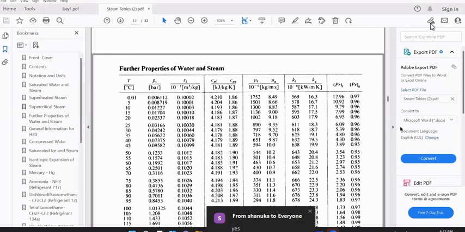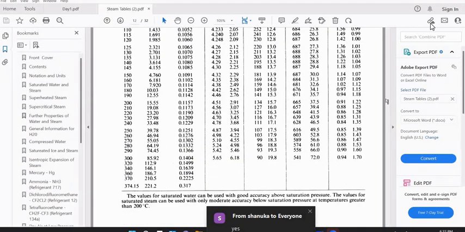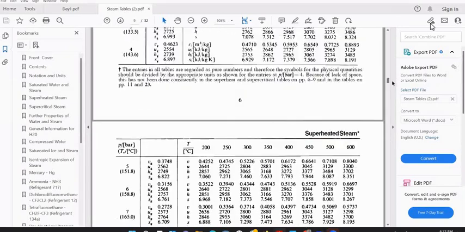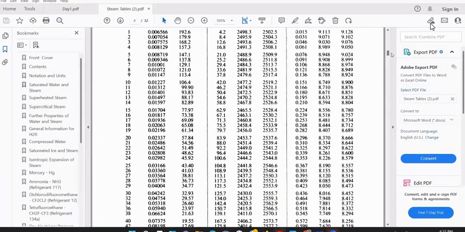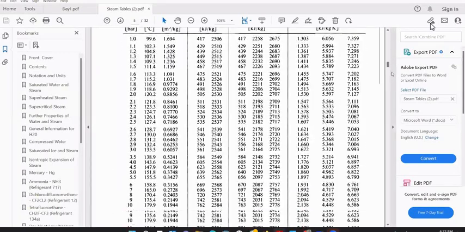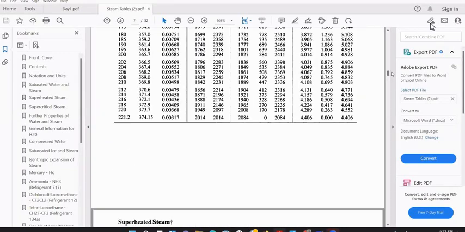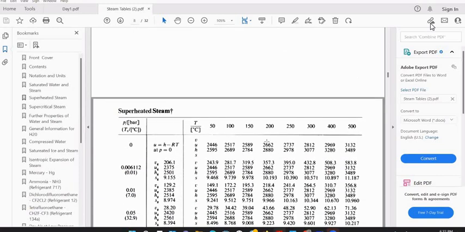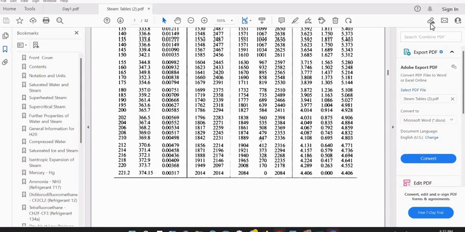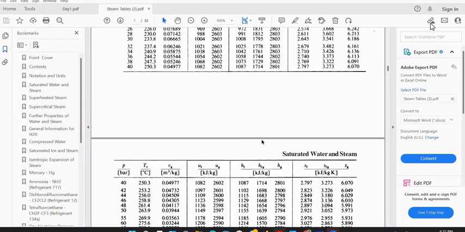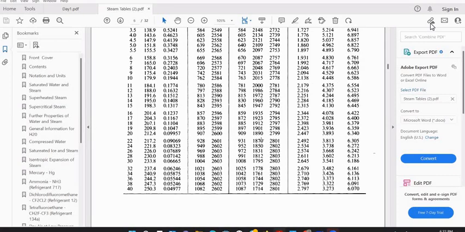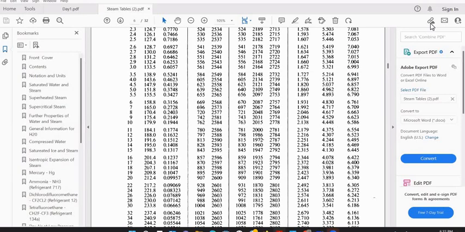Okay. Now you can see 20 bar, 360 centigrade. Now I will go to the superheated table. So superheated is available. Now you can see from the table, this is saturated. Now over here, superheated steam. But you need the value. Pressure is 40 now, but you need 20 bar, no? 20 bar.